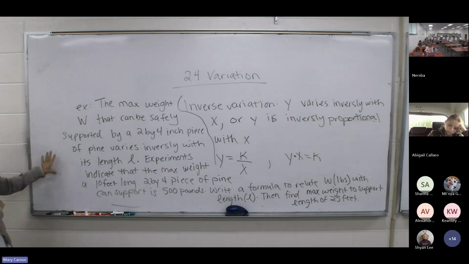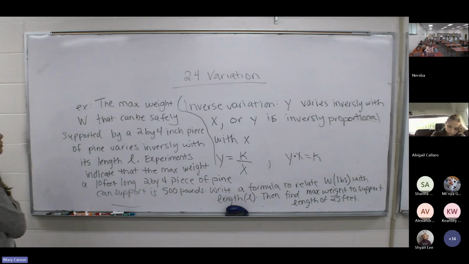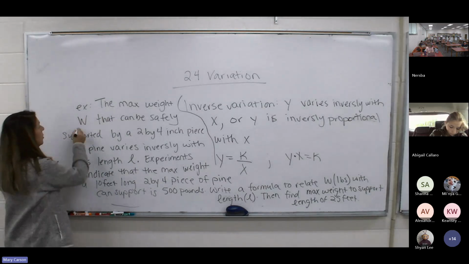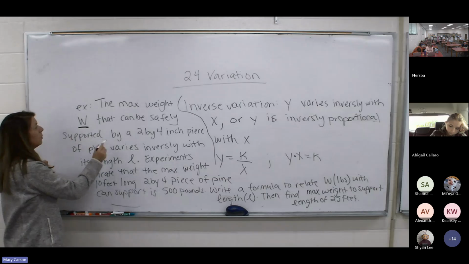I know these are wordy, and sometimes it seems like they're more complicated, but just do it piece by piece and it won't be. It really is wordy. But really, you're looking for your variables. So think about it, the max weight W, there's one variable that can be safely supported by a tube.